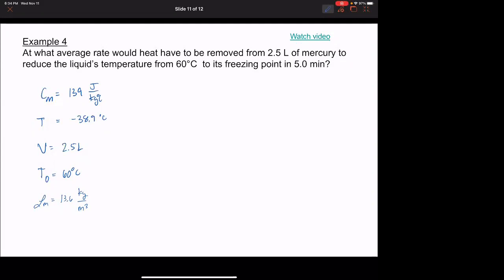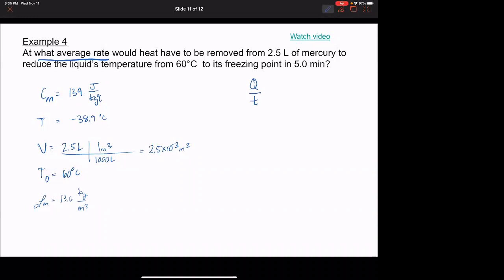Now, let's change that into liters, or we can change this into meters cubed. Either way. Remember our conversion, 1,000 liters per meter cubed. So that'd be 2.5 times 10 to the minus third meters cubed. Now, let's see what the question is asking. What average rate? So that is the heat per unit time.